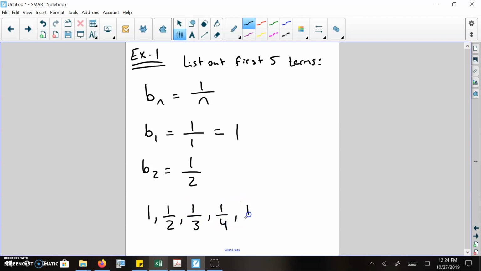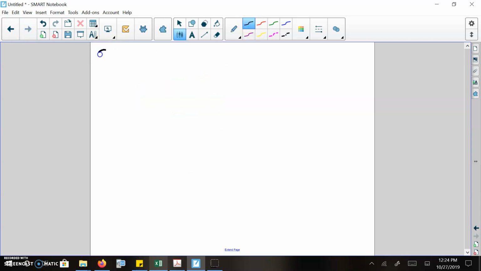The next one would be 1/4, 1/5, and so on and so forth. Okay? So if we're given a formula to define our sequence, we can go through and list out terms of that sequence by using the corresponding n value for whatever term in the sequence is being asked for. Okay? Let's try a couple more like this.